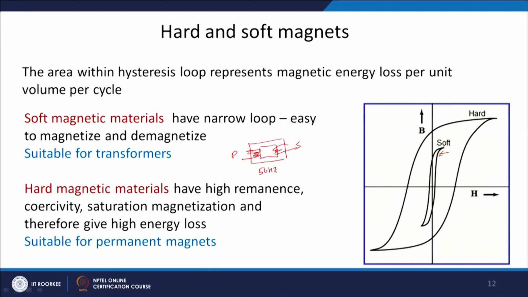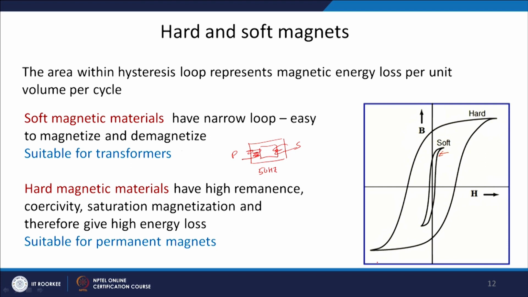Sometimes you must have seen that the transformer also burns up, because so much heat is generated. So, you can understand the importance of the hysteresis loop, that I have to have a material which has a smaller hysteresis loop, and these are called soft magnetic materials.